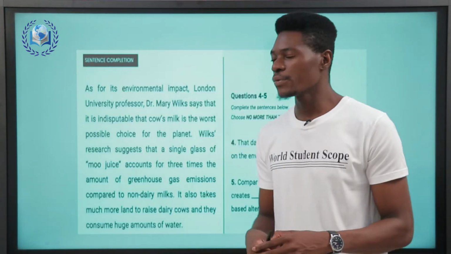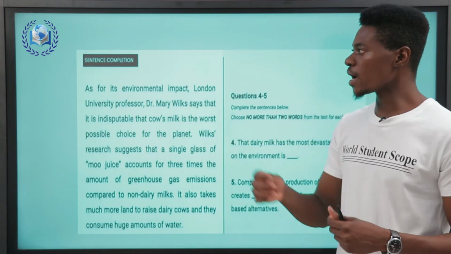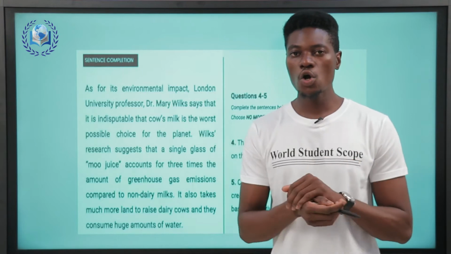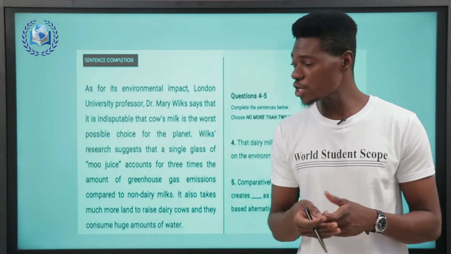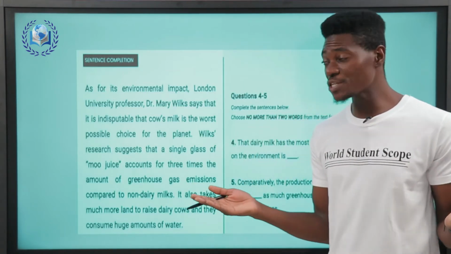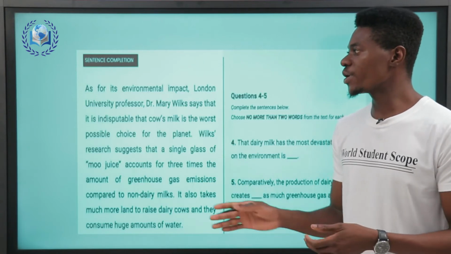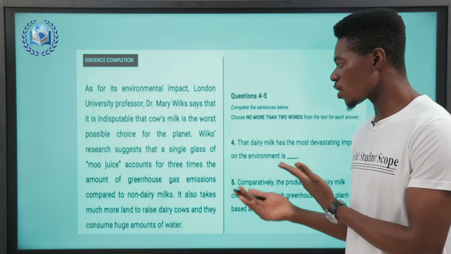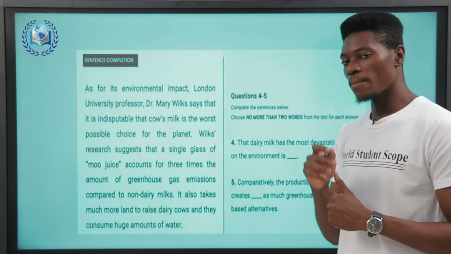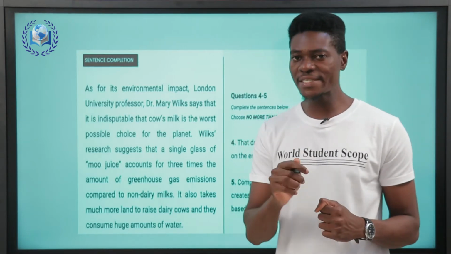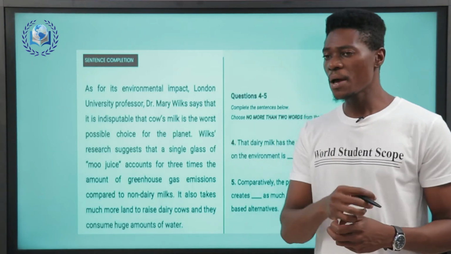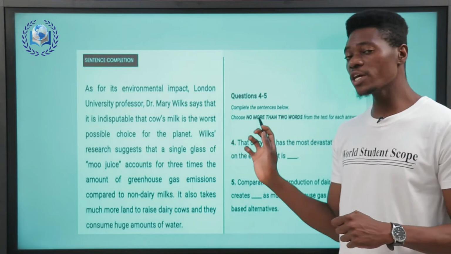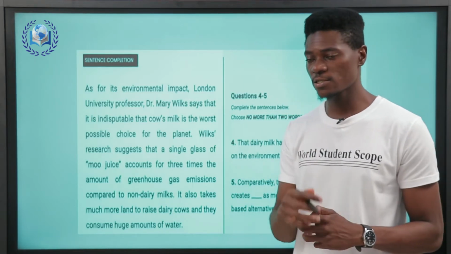So now, let's go to another type of question, which is the sentence completion type of question. In sentence completion, we have been given the passage as it is, and also we have been given the question. Bear in mind, before answering any question, before reading the passage, you have to read the instruction first.